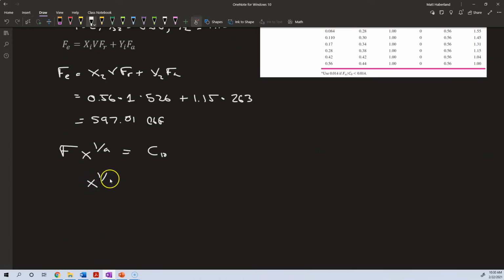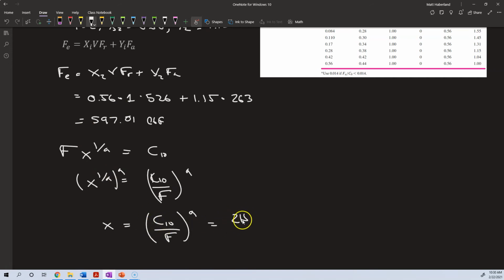And so X to the 1 over a is equal to C10 over F. And we can take both sides to the a power. We have a dynamic load rating of 2150. The force that we're actually talking about is the equivalent radial force, 597. And we're going to take that to the a, which is equal to the 3rd power.